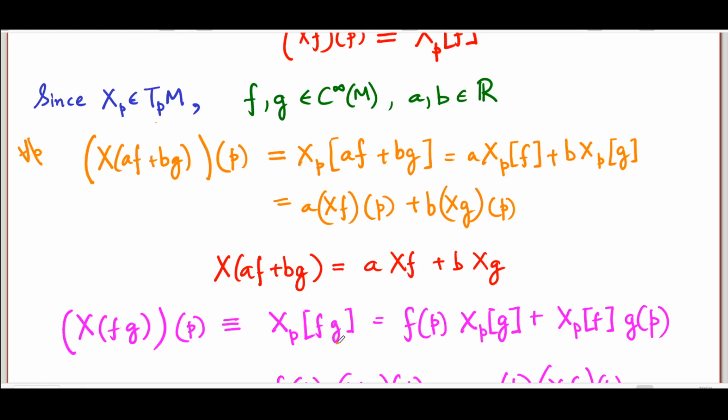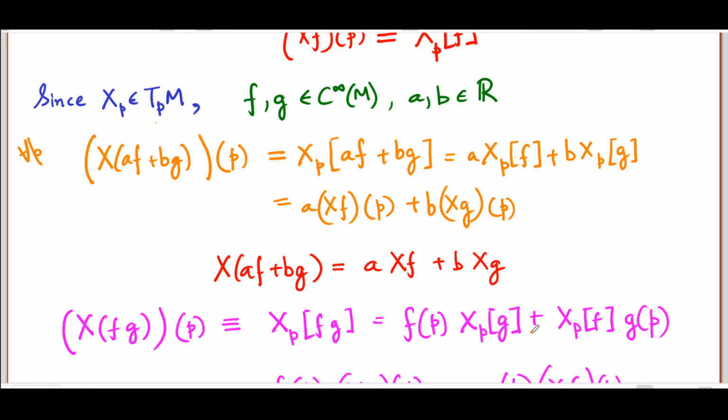And for a tangent vector acting on a product function, we have the derivative rule. This has to be f of p times Xp acting on g plus Xp acting on f times g of p. The fact that Xp is a member of TpM is signified by the fact that you have f of p and g of p, the values of the two functions at p sitting as coefficients here.